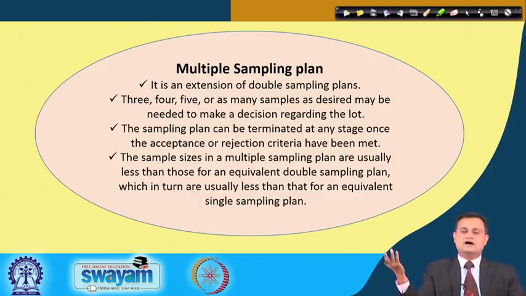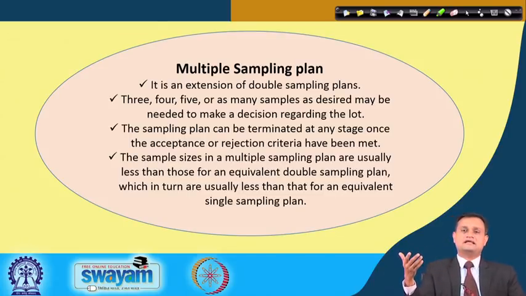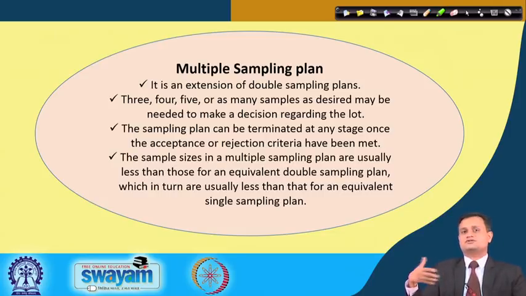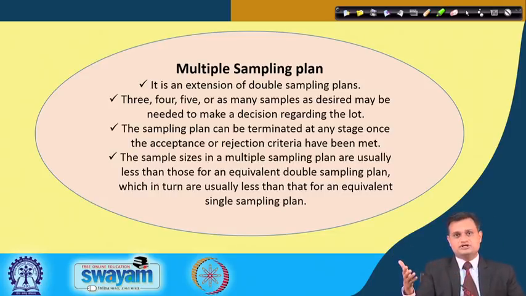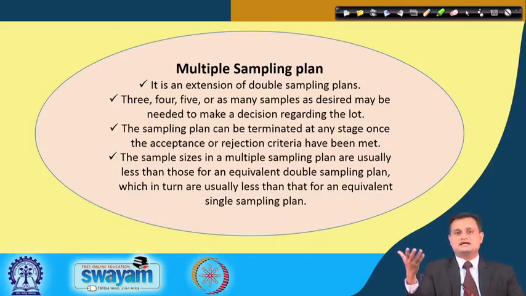So basically you will have C1 and small n1, you can have C2 and small n2, or if you keep n same, then you will have C1, C2, C3, C4, and you can just extend your double sampling plan to see what decision you can take appropriately about the acceptance or the rejection of the lot. So I am just giving you the introductory idea. In detail we will see the design of single and double sampling plan in the subsequent lectures.